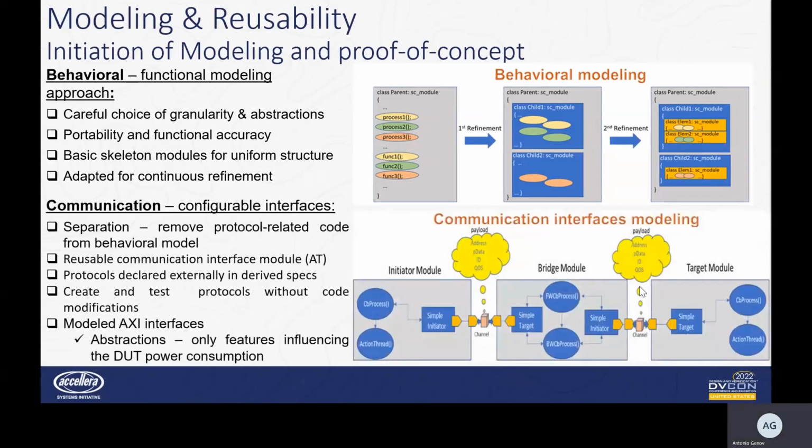In order to create reusable, clear, and configurable interfaces, and to avoid any protocol-specific code in the behavioral description, we have separated the communication part from the behavioral part and created reusable communication interfaces. These interfaces allow us to implement the protocol specifications externally in a derived specification, and we can use them to create and test different communication protocols and third-party provided ones without significant or any changes to the behavioral model. This is a common functional modeling approach.